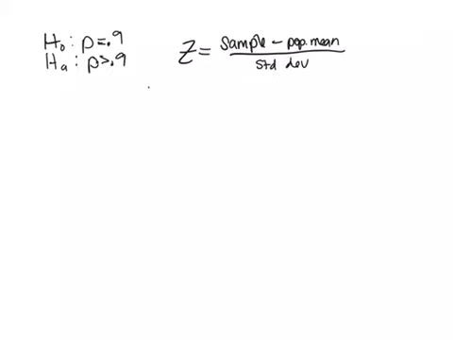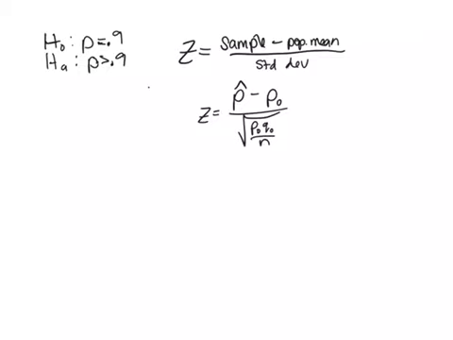In this case, our sample is p hat minus p naught, our hypothesized value, over the standard deviation, which is the square root of p naught q naught over n. Okay. We're operating under the assumption that the null hypothesis is true until we prove otherwise.